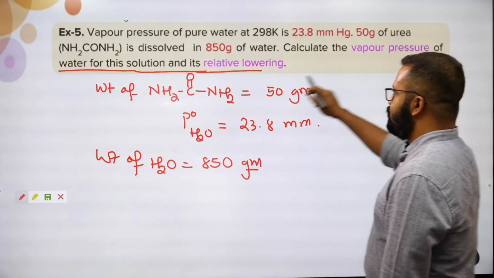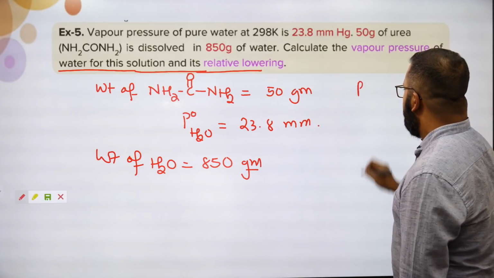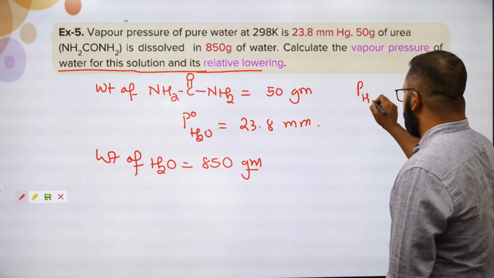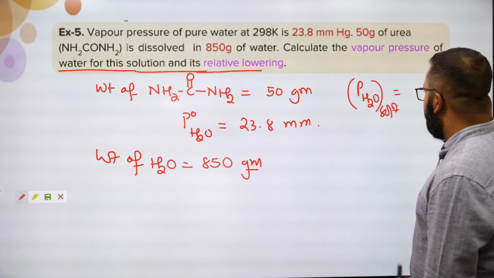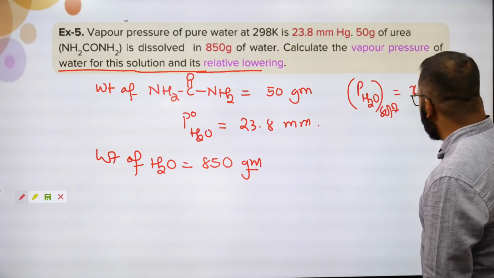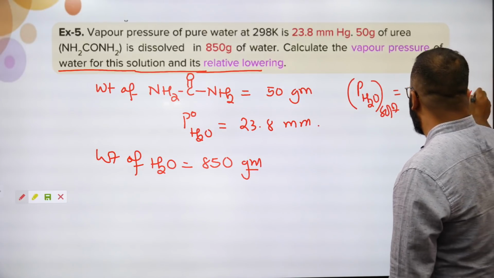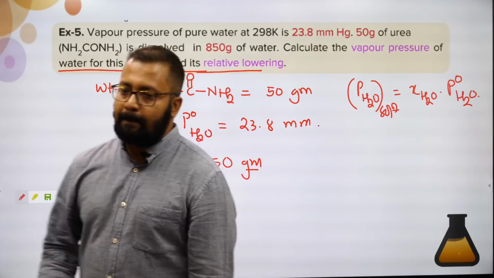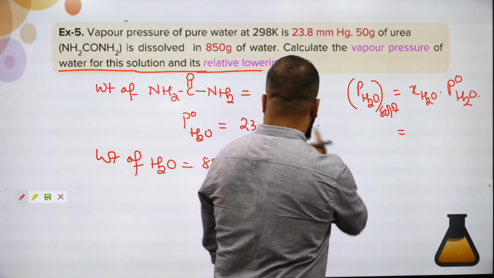What you have to calculate is the vapor pressure of water for this solution. तो vapor pressure क्या होगा? So P of H2O for the solution will be equal to mole fraction of H2O times P naught of H2O. कितना मोल फ्रैक्शन आप निकालोगे? Please calculate.